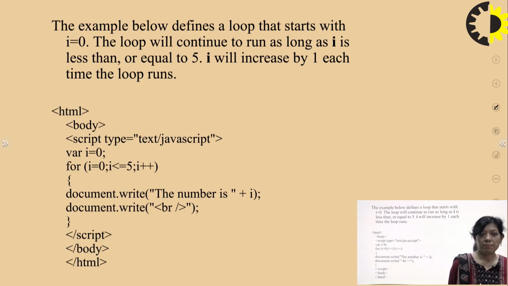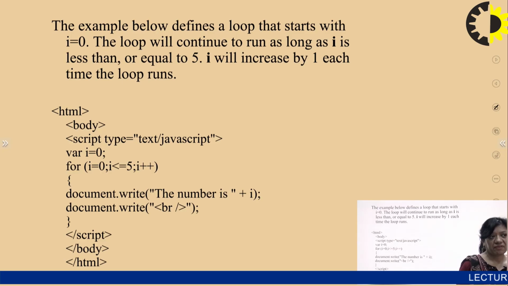New break करेंगे और हर बार आपका new line में new value आपकी print होके आएगी. So the output of this loop would be: because it is initialized to 0 and runs while i is less than or equal to 5. The first time i equals 0 and 0 is less than or equal to 5, the condition is true.